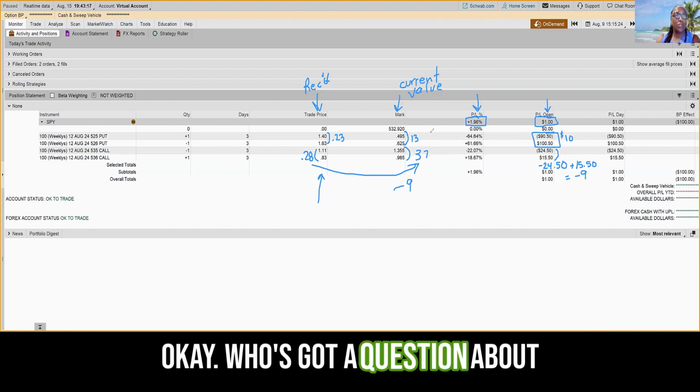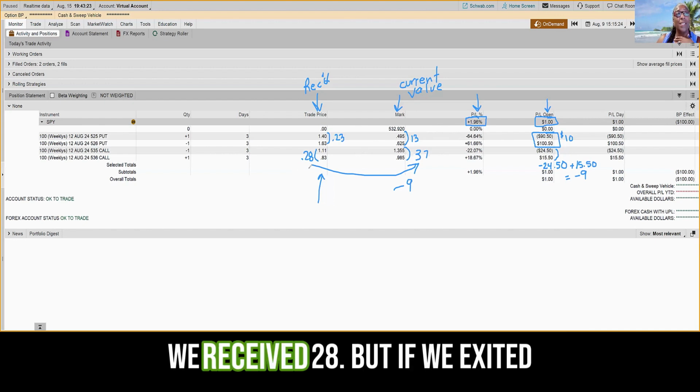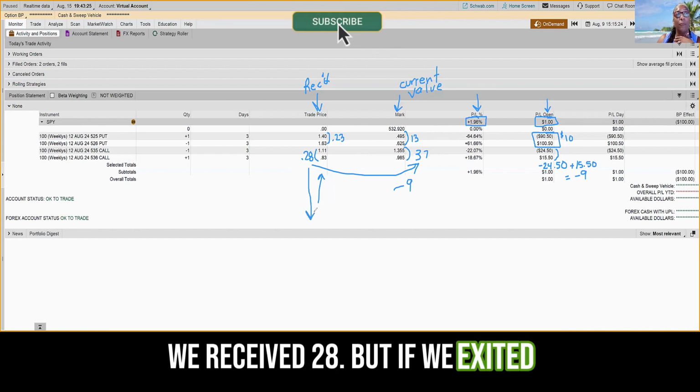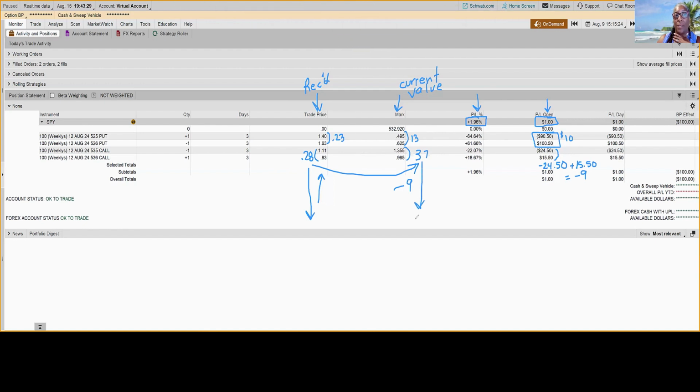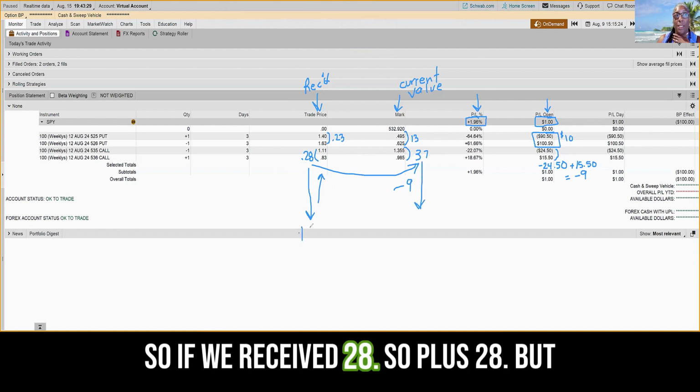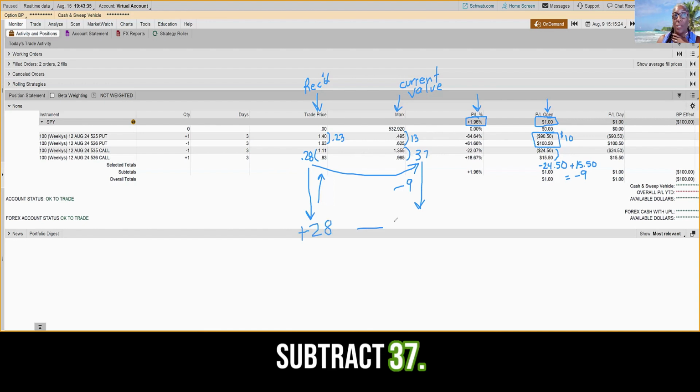Okay, who's got a question about that? We received 28, but if we exited right now, we'd have to pay 37. So if we received 28, so plus 28, but if we bought back, we'd have to subtract 37.